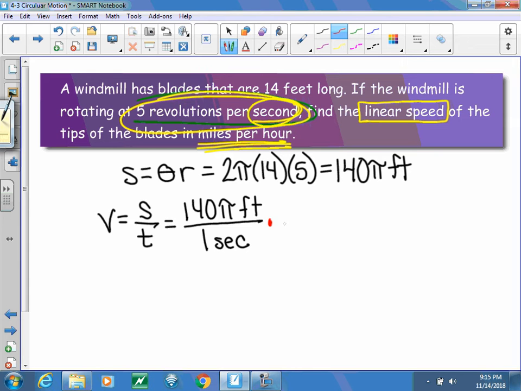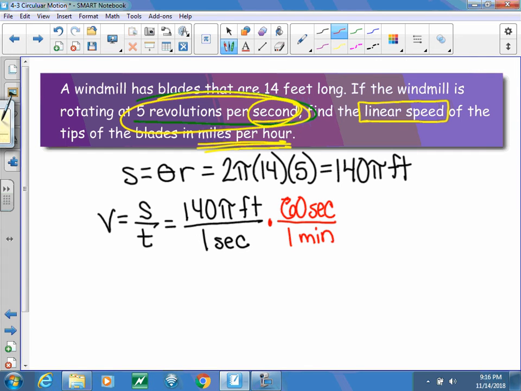And the fact that I know that in 1 minute, there's 30 seconds. So what's going to happen here is I'm going to set up another fraction, or I'm sorry, not 30 seconds, 60 seconds. So there are 60 seconds in 1 minute.